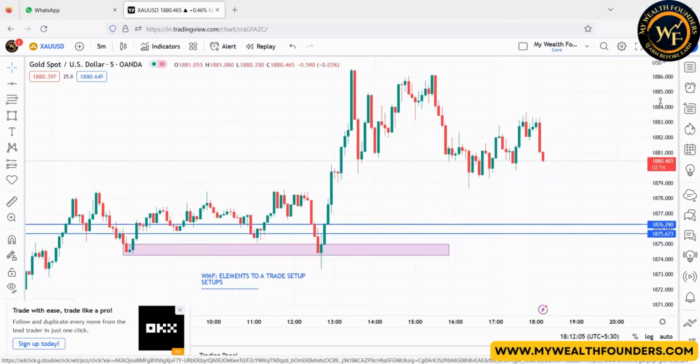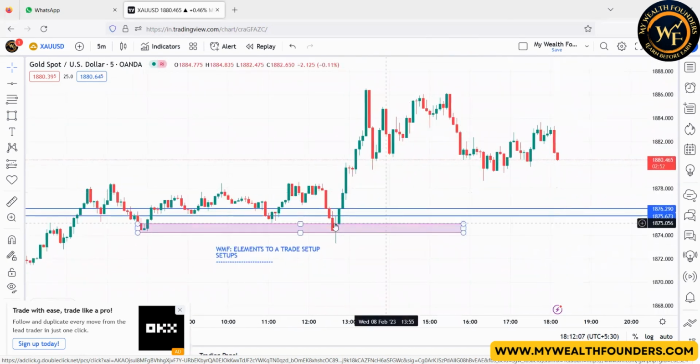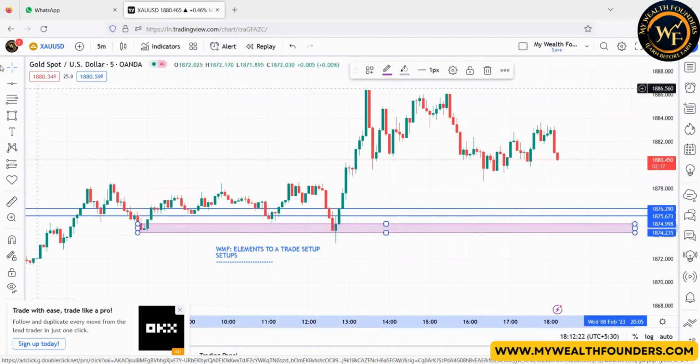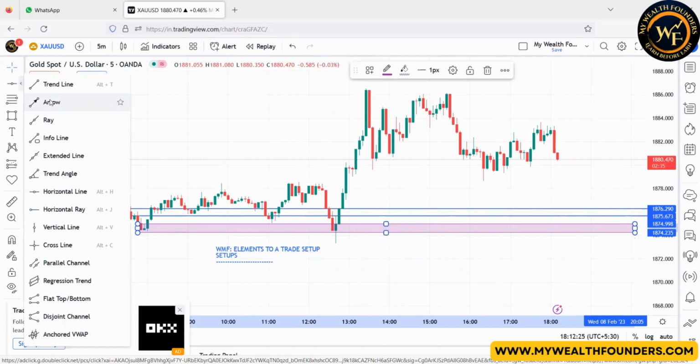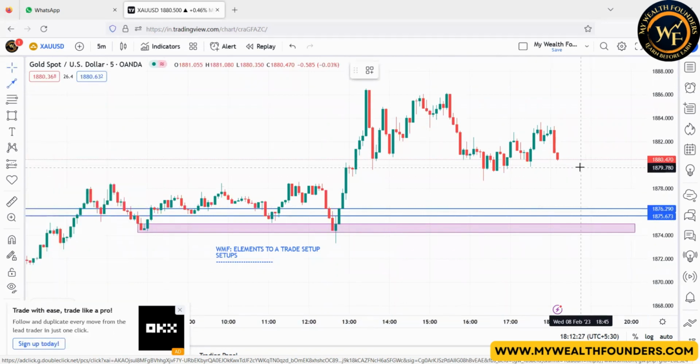So now I'll tell you something very good and interesting. This is the fair value gap over here, right? This is the fair value gap over here, and this is the order block. The market went up, and again to validate this fair value gap, or to validate this order block, the market has to come back into the liquidity area, the demand zone.